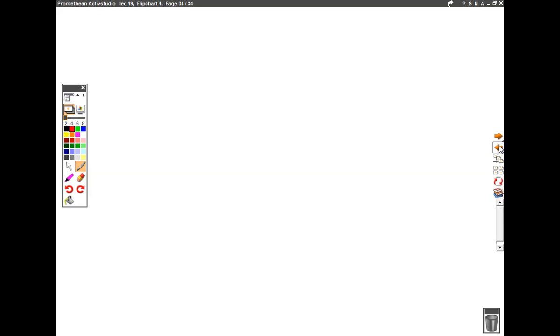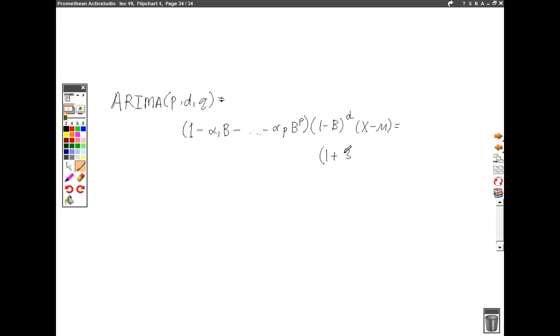So let us say I'm looking at an ARIMA process, and if I were to write my ARIMA process in terms of general variables, I will have something like (1 minus alpha 1 B, up until alpha p B raised to p), and (1 minus B) to the power d, (X minus mu) equal to (1 plus beta 1 B, and this will go on till beta q B raised to q) et.